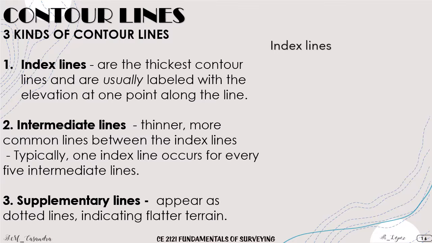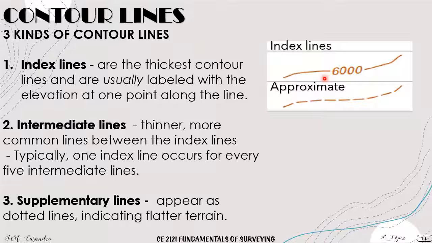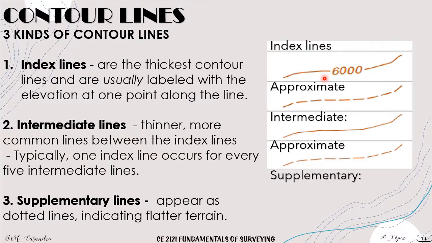So examples of your index line. It's a bolder line with the elevation on it. And then we have your approximate, intermediate, and your supplementary. Approximate lines are a special type of contour line, somewhat like your form line, as it would follow the contour of the index and the intermediate lines.